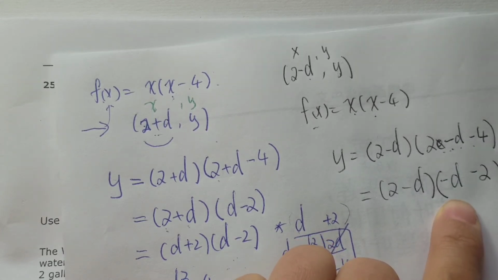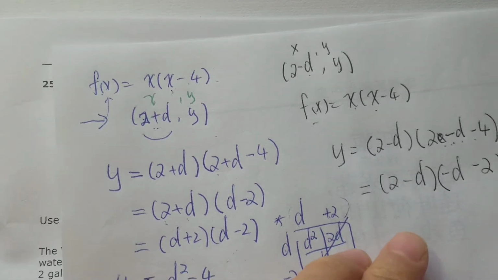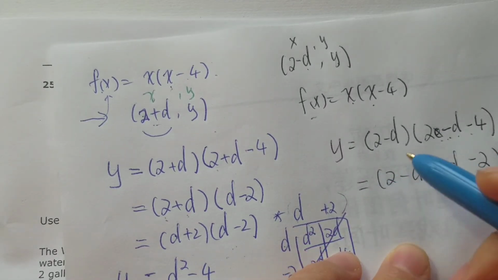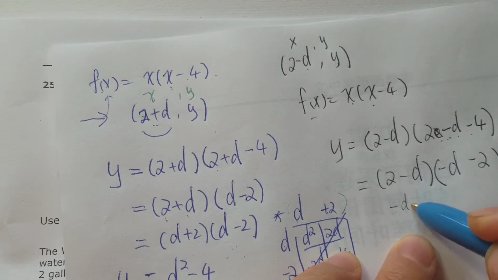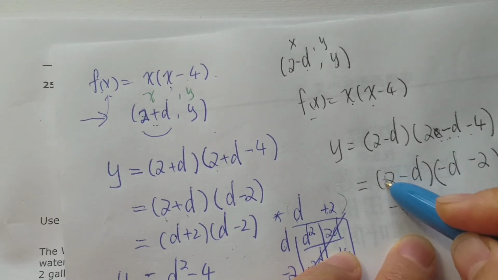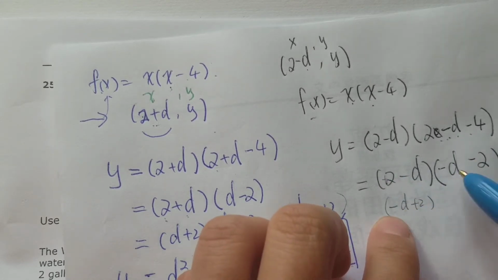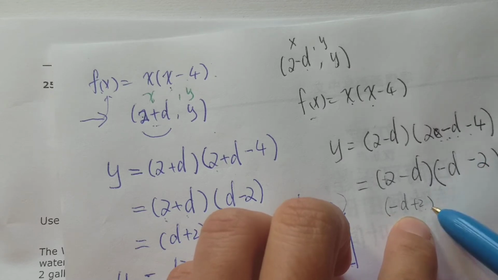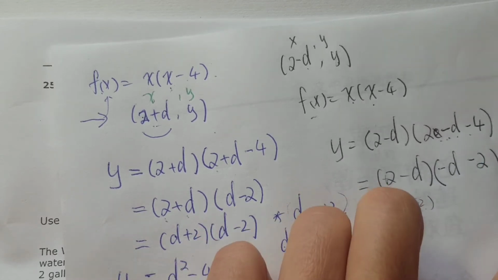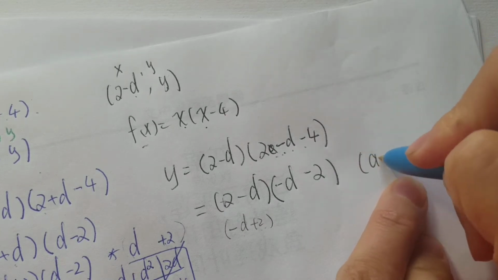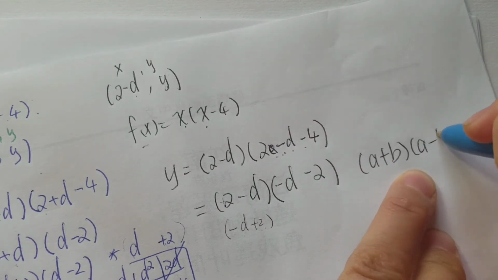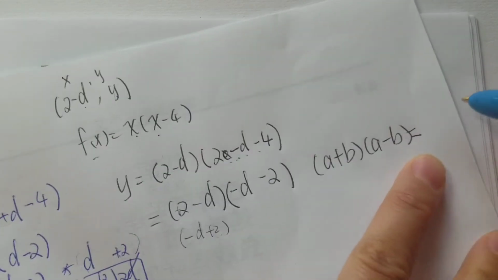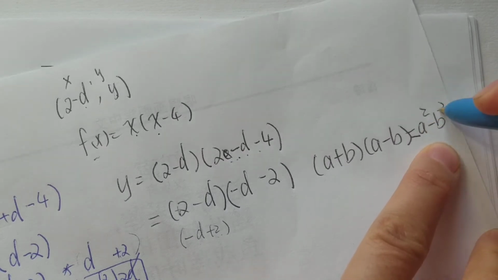If you want, you can still flip it over. Then you have negative d plus 2, because your 2 is positive here. Then (negative d plus 2) times (negative d minus 2) is still the difference of perfect squares: (a plus b) times (a minus b) equals a squared minus b squared.